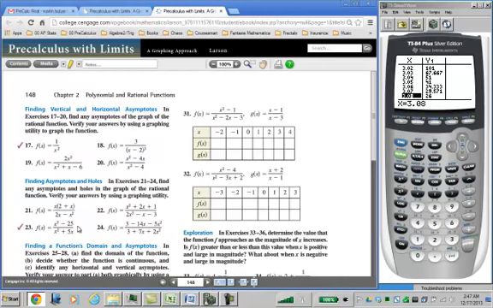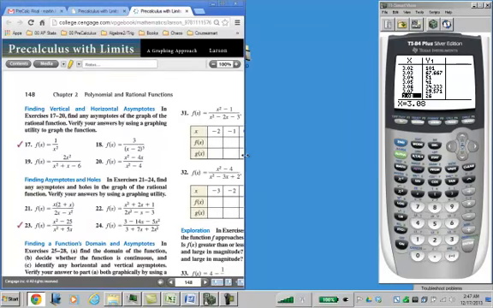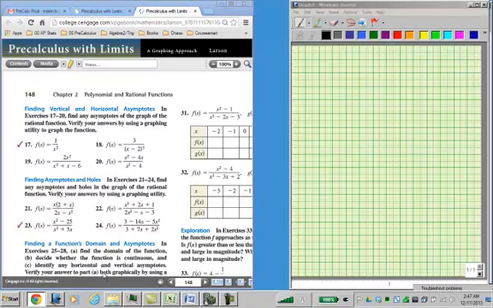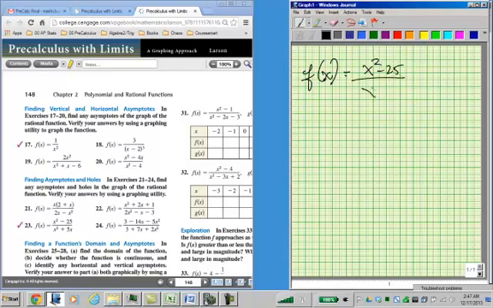Okay. So you can see, let's get a scratch pad for this. Okay, so 23. F of x equals x squared minus 25 over x squared plus 5x.